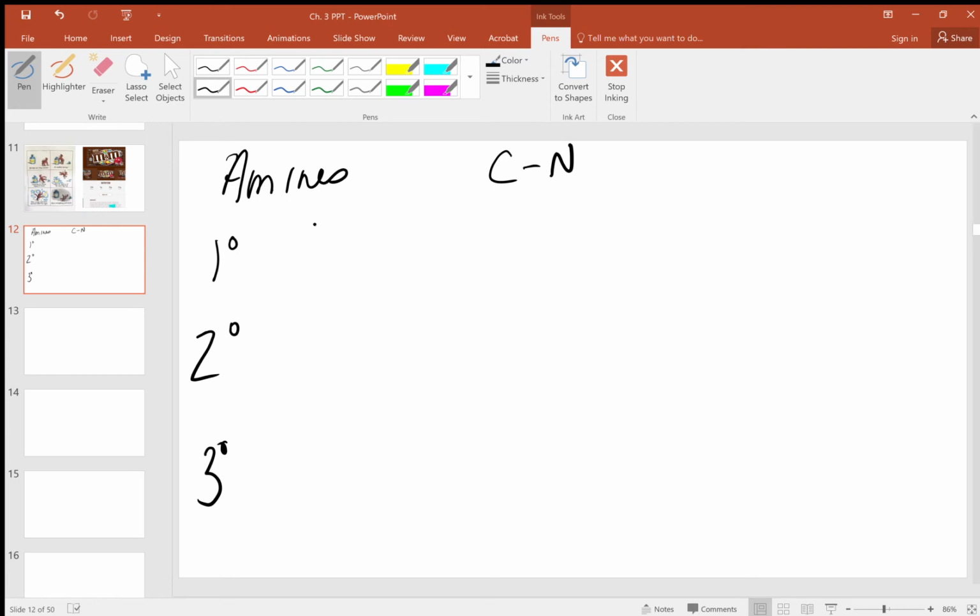So a primary amine is when we have a nitrogen that's bonded to exactly one carbon. In a secondary amine, the nitrogen is bonded to two carbons. And again, we designate one with R prime to show that yes, they can be the same or they can be different.